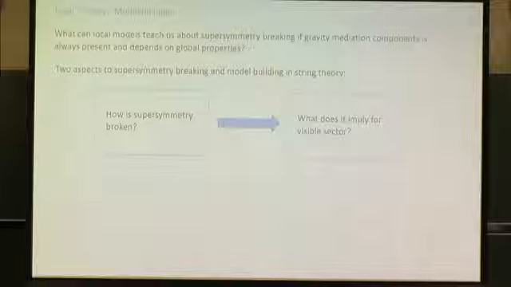Of course, the first question you might ask is, what can the local model teach us about supersymmetry breaking, given that there is always a gravity mediation component to supersymmetry breaking, and a gravity mediation component will always depend on global properties of the manifold, and so how can we ever learn about supersymmetry breaking from a local perspective?